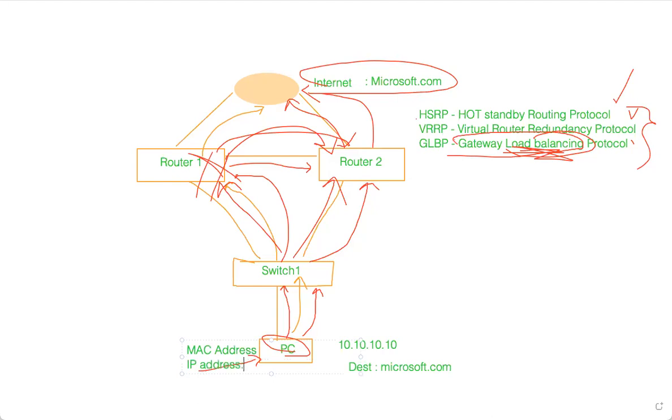But to reach outside of its subnet, it has to go to its gateway. Gateway is something that lives on a layer 3 device like a router or a switch, where the ARP table lives.